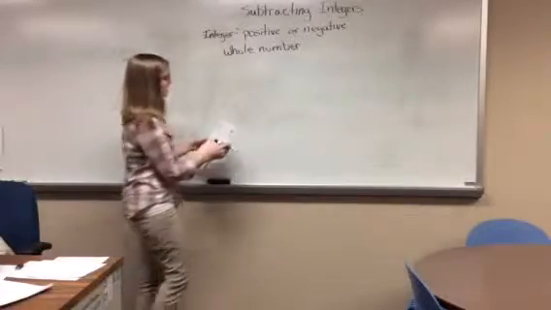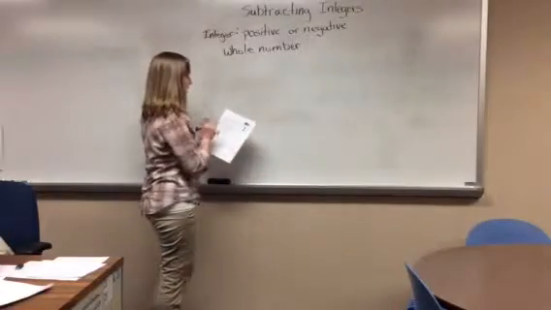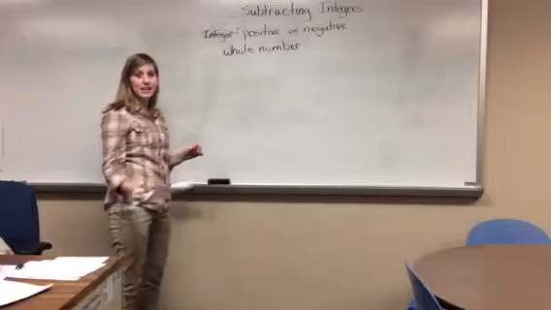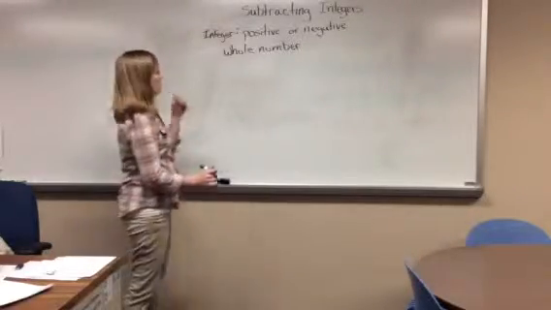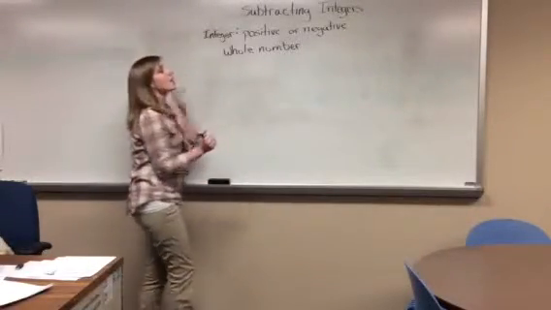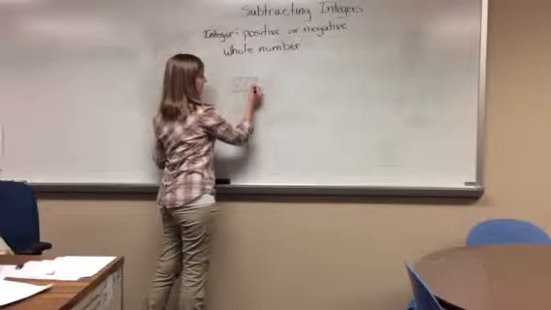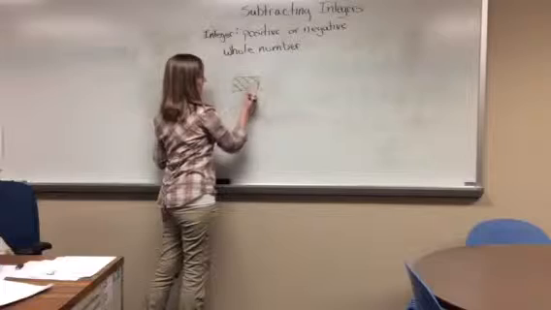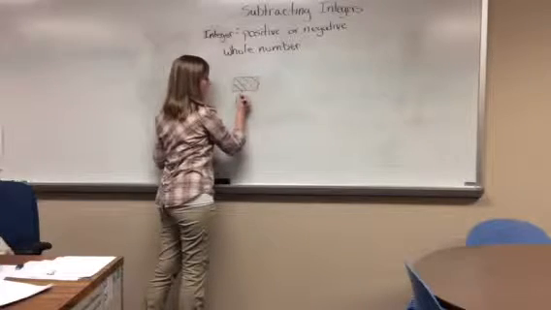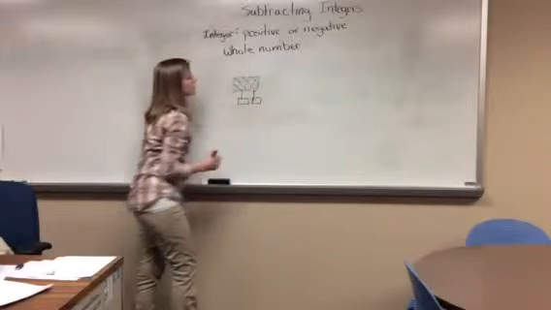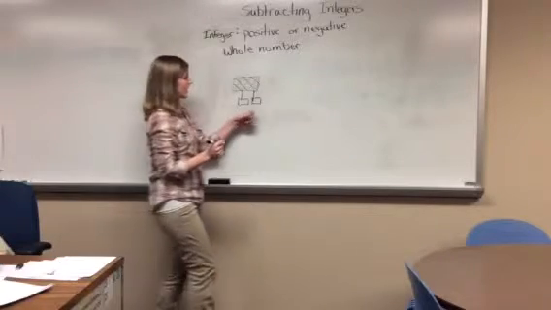So one thing I want you to take a look at on your video guide is I want you to think of subtracting a negative as taking away a weight. So when we have our basket, and we have weights on our basket, let's just put 2 weights. Subtracting a negative amount from here.